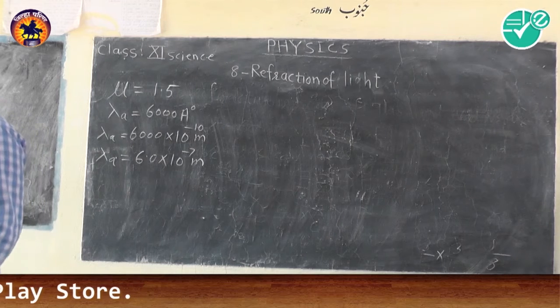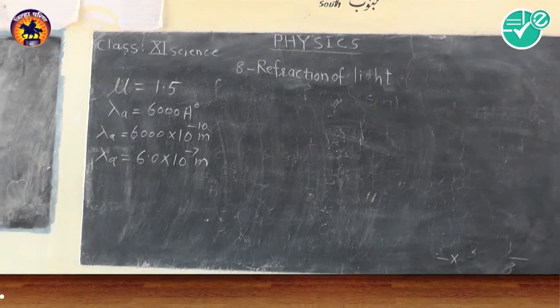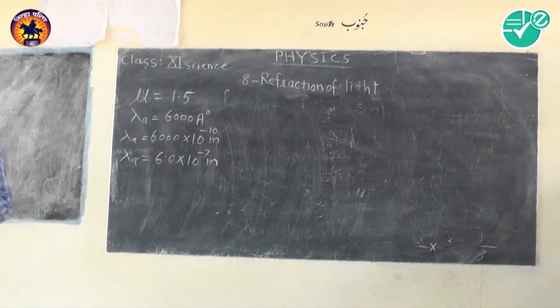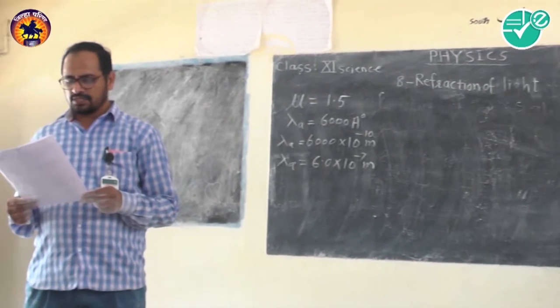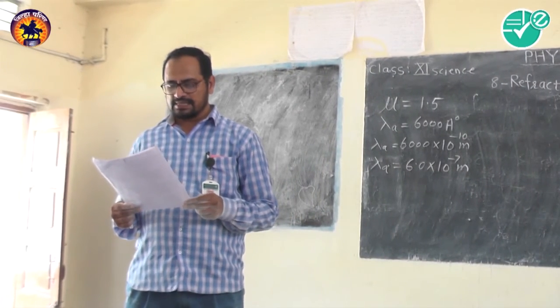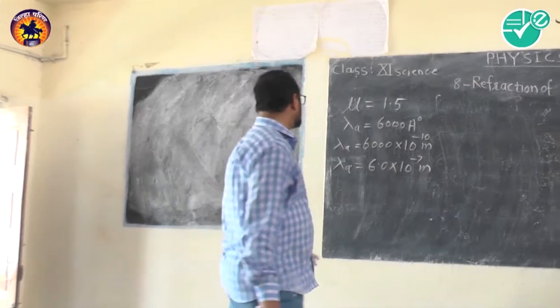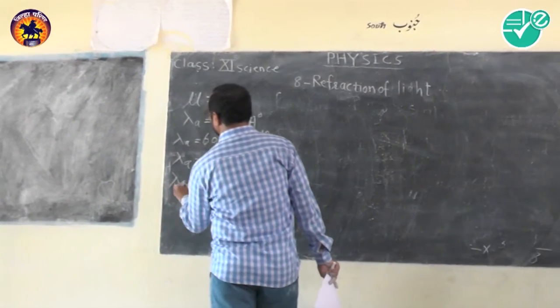Then next is the wavelength of the light in the glass, that is lambda g. We have to determine lambda g.